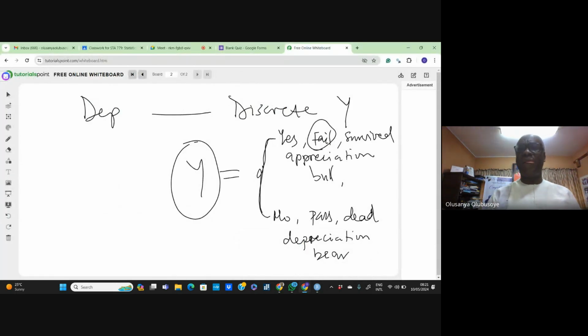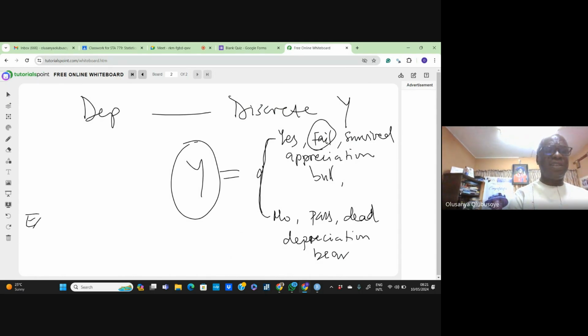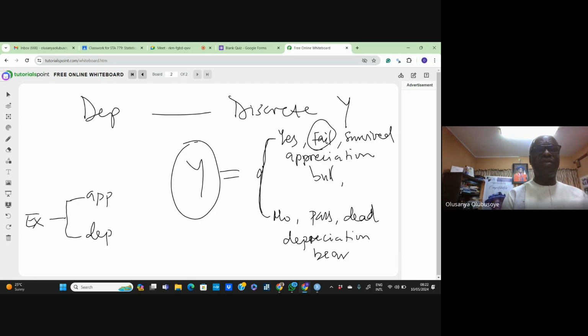Let's say we are interested in exchange rates, and our concern is whether the exchange rate is going to appreciate or depreciate.